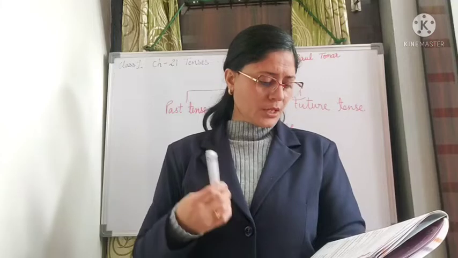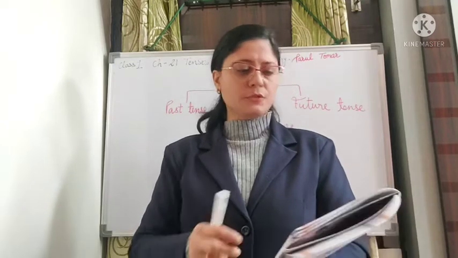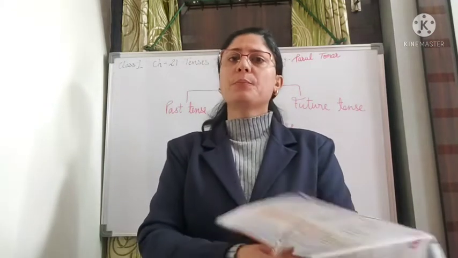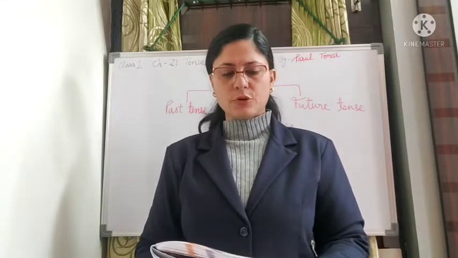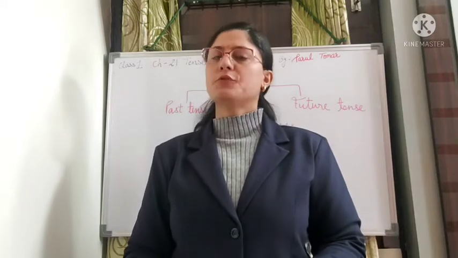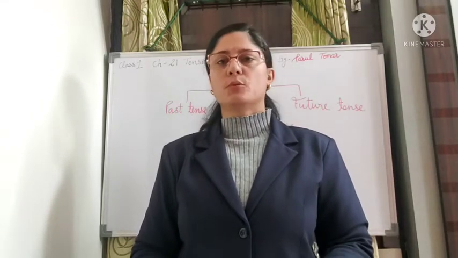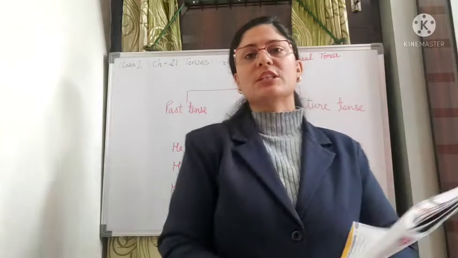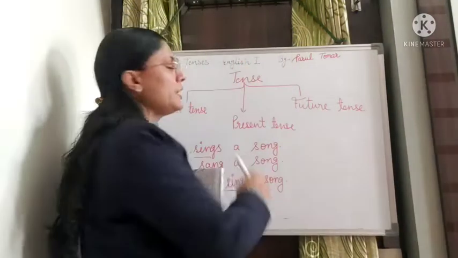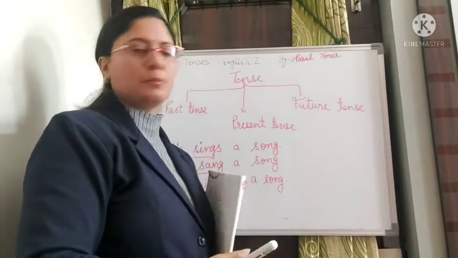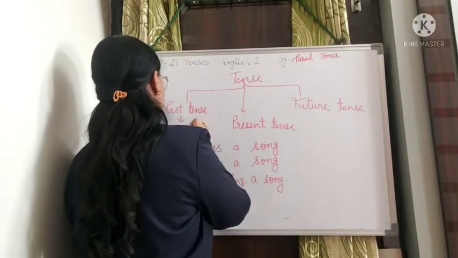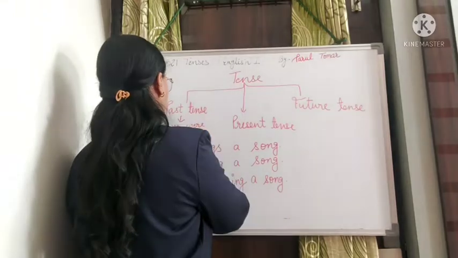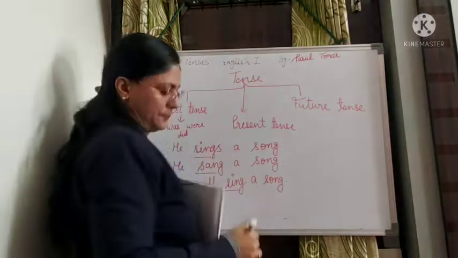Now, we will try to know some of the verbs we normally use in all these three tenses. For that, we need to learn the first form, second form and third form of the verbs. Because in past tense, we always use the second form of the verb, or in past tense we use was, were and did.